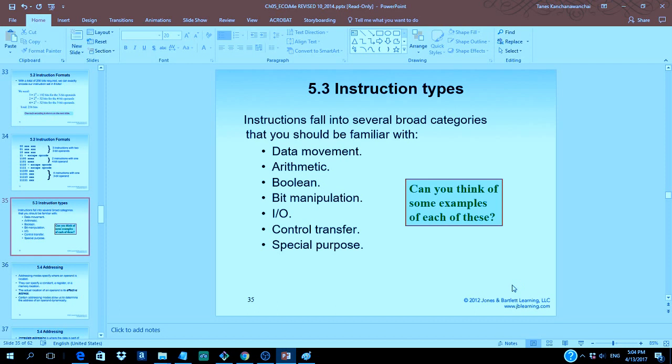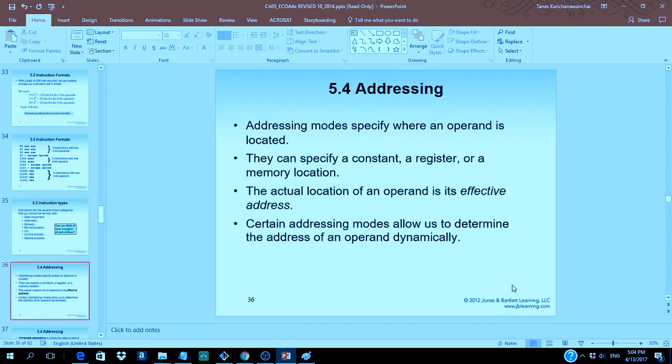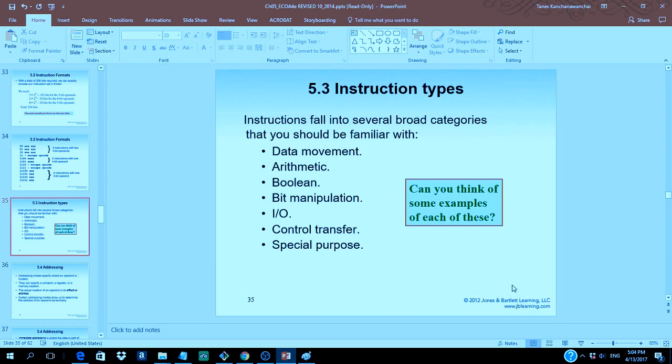Add, subtract. Boolean: compare two things. Bit manipulation: shift left, shift right. Input output is the move to register. Control transfer, that's jumping. And special purpose.